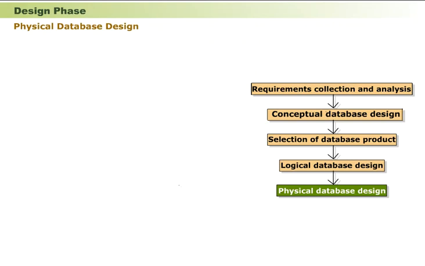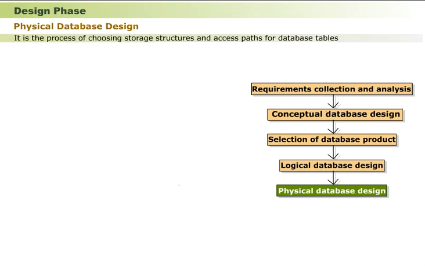Physical database design. Physical database design is the process of choosing specific storage structures and access paths for the database files to achieve good performance for the various database applications. Each DBMS offers a variety of options for file organization and access paths.